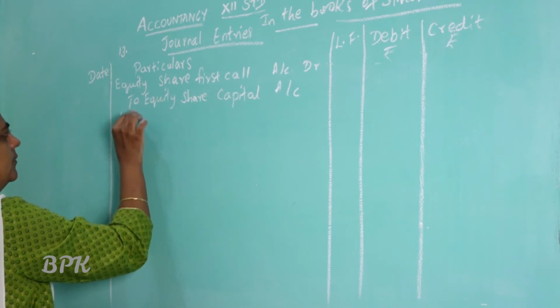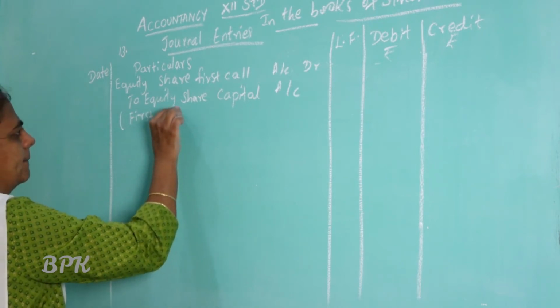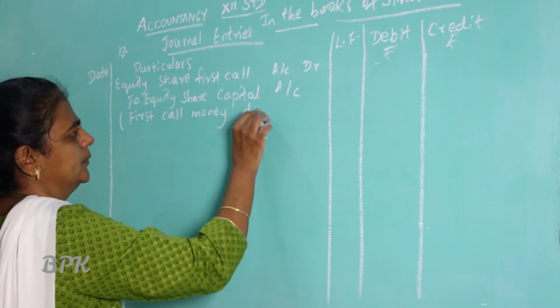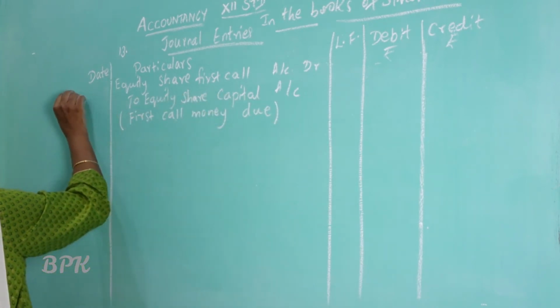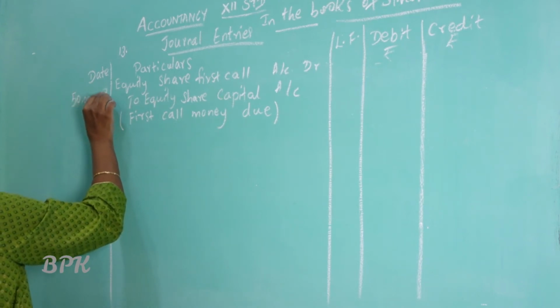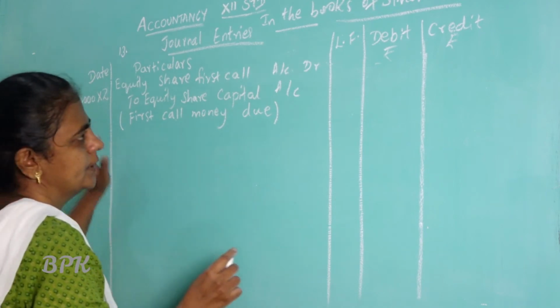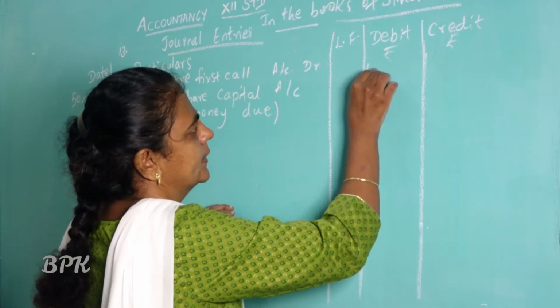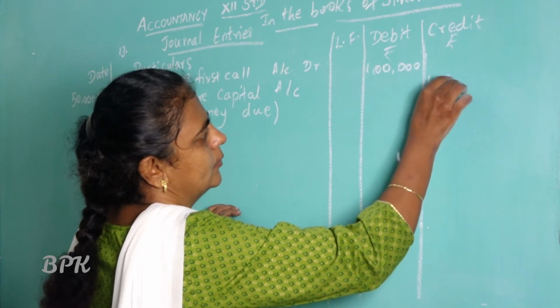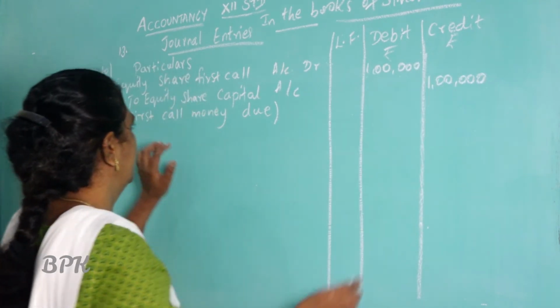First call money due. For how many shares? 50,000 shares. What is the first call for one share? 2 rupees. So 50,000 into 2, that will give you 1 lakh. 1 lakh rupees call money due.